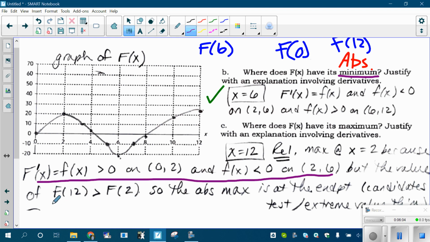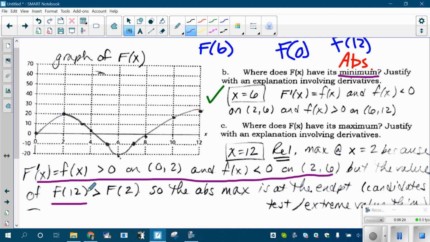That is because just because something is a relative max doesn't mean it's the absolute max. One of the endpoints could be the max. And in this case, the endpoint actually is the max. So 2 is a relative max. Look at the graph of little f, or big F. But the endpoint is actually higher. So you need to actually compare the critical numbers, the relative max, to the endpoints.